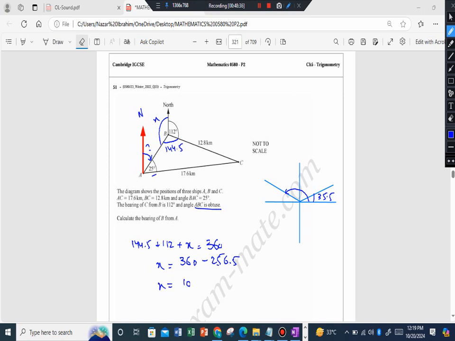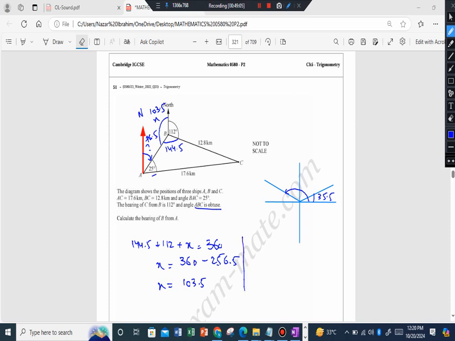So x is equal to 103.5. And again, a similar property is applied. It's two parallel lines, the two angles sum up to 180. So 180 minus 103.5 will give me the bearing of B from A, which is 76.5.